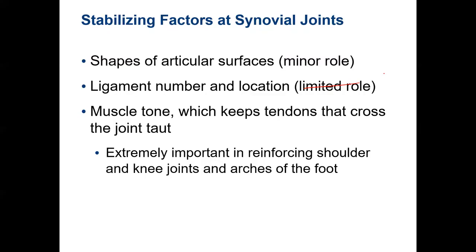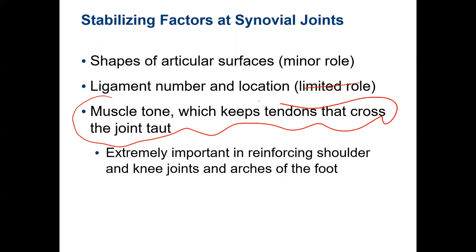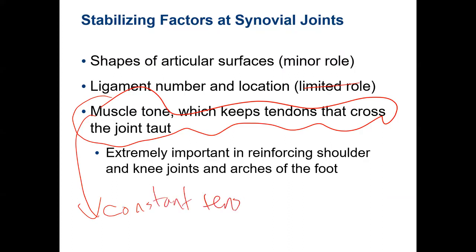The major factor holding your joints in place is muscle tone. Muscle tone is the constant tension on muscles. Your muscles are never completely relaxed. There's always some tension there. That's muscle tone.